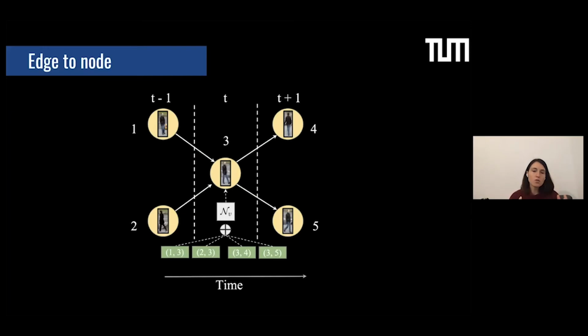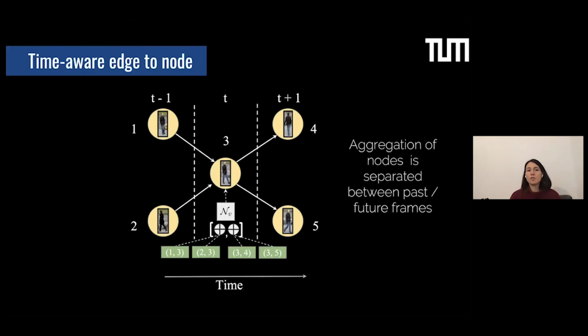We have this notion that some nodes belong together, which are all the nodes in t-1, and some nodes don't belong together. These are the ones at t+1. So if we do an update with all the nodes, we lose this separation, we lose this structure of the problem. And this is why we propose to do a time-aware edge-to-node update, in which the aggregation is going to happen separately for past nodes and future nodes.